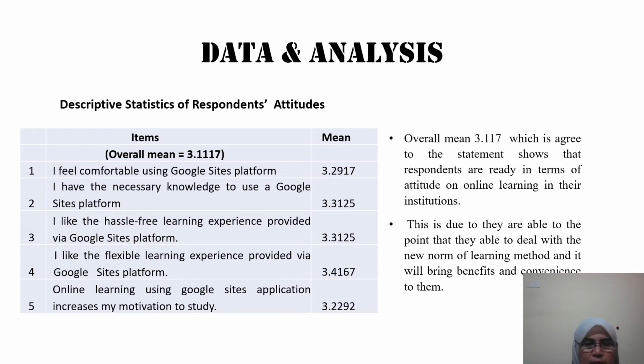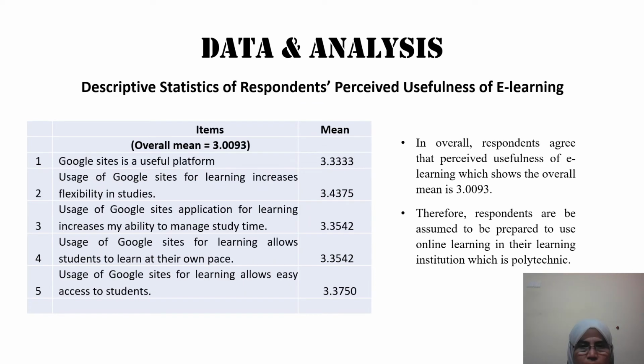For the descriptive statistic of respondent attitudes, we can see the overall mean is 3.1117, which is agree to the statement, shows that the respondents are ready in terms of attitude on online learning in their institution. This is due to the point that they are able to deal with the new norm of learning method, and it will bring benefit and convenience to them.